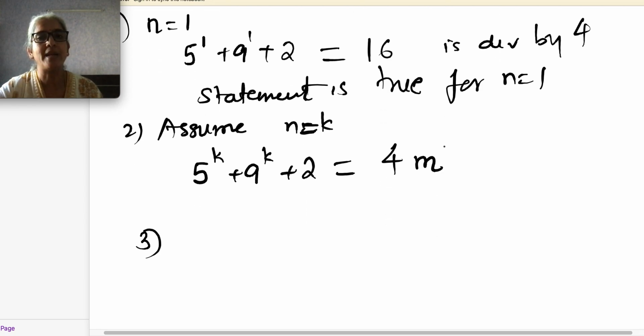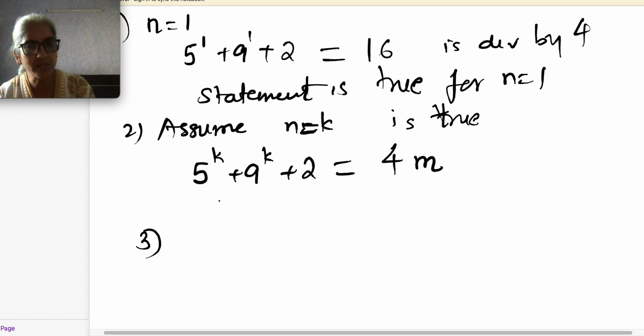And this is assuming n equal to k is true. The statement is true for n equal to k. Now using this assumption and the fact that it is true for n equal to 1, let's find out what happens for n equal to k plus 1.